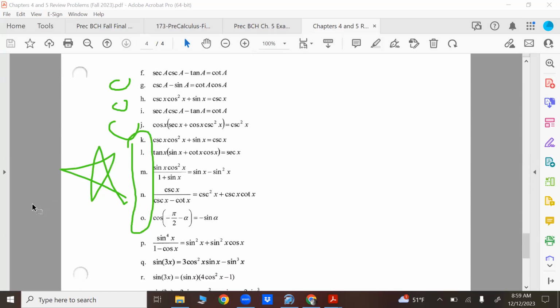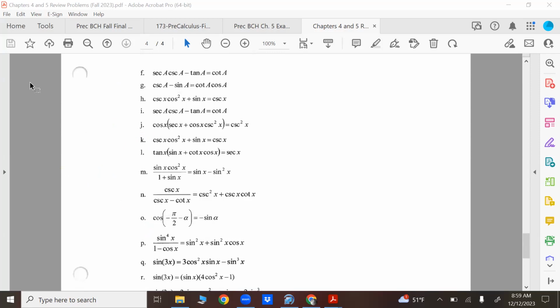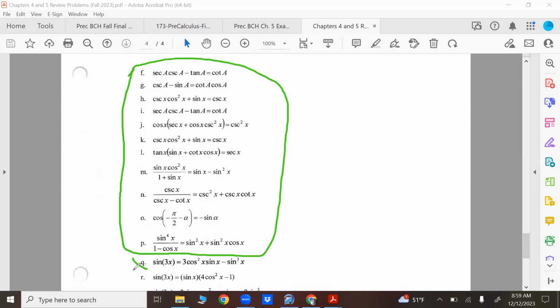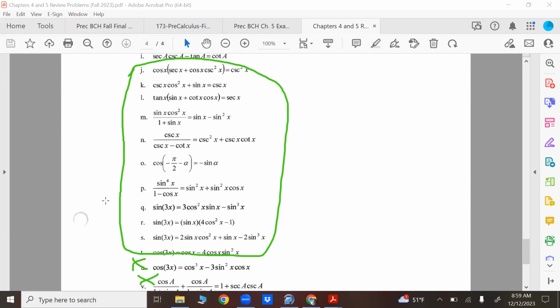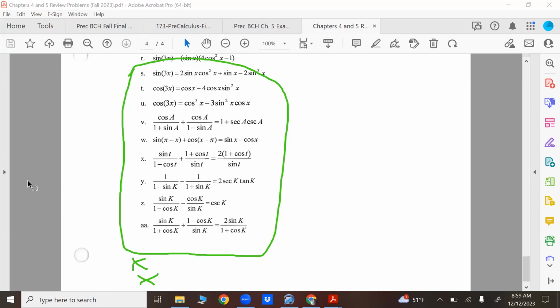I would also say these are good. Cross off Q and cross off R, because those have multiple angles. What's V about? Oh, those are an issue.